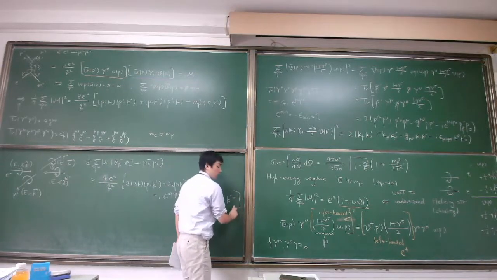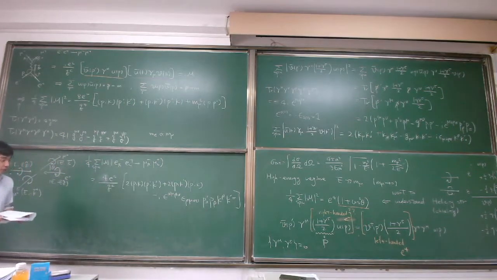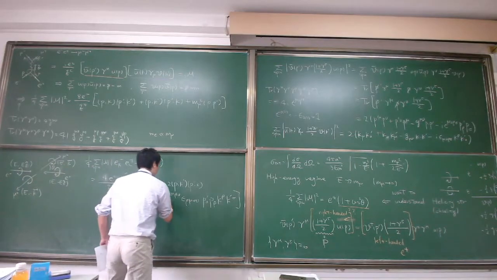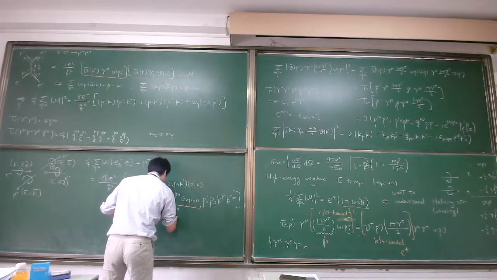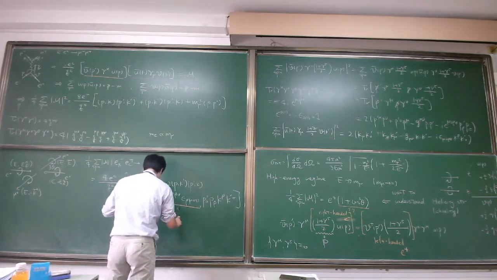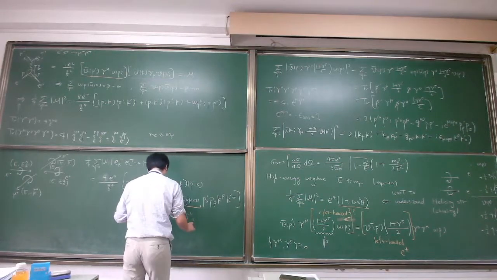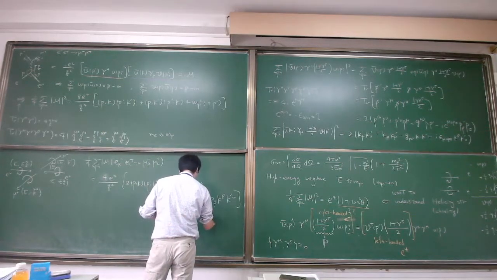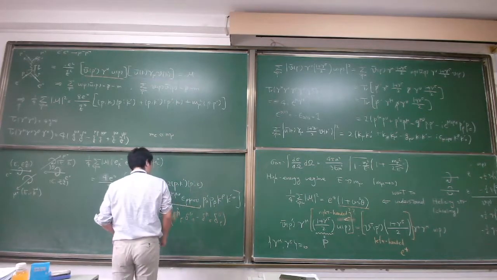And in fact, there's a rule that tells us this epsilon tensor will give you the following contraction. This guy is indeed equal to minus 2 delta mu, delta mu sigma, like this way.